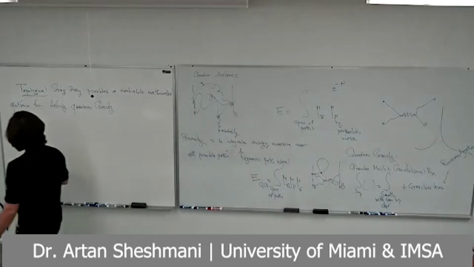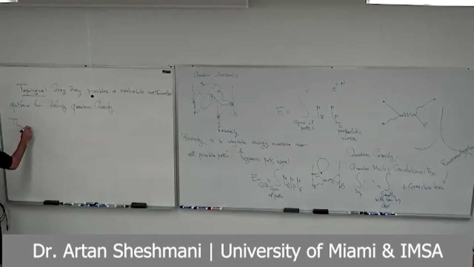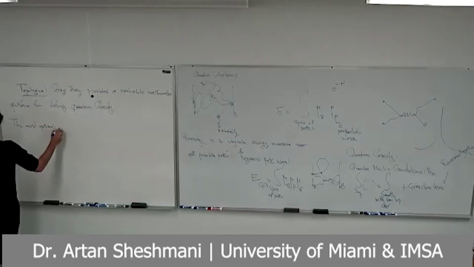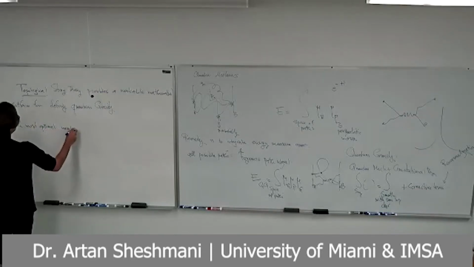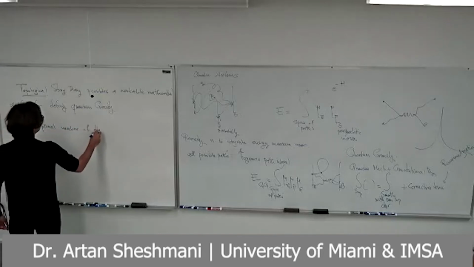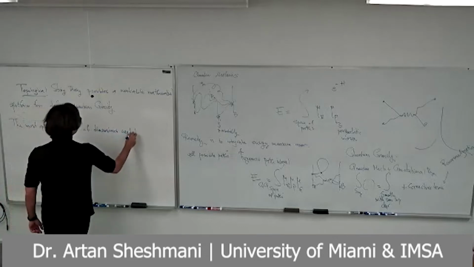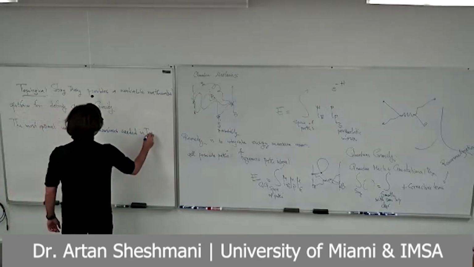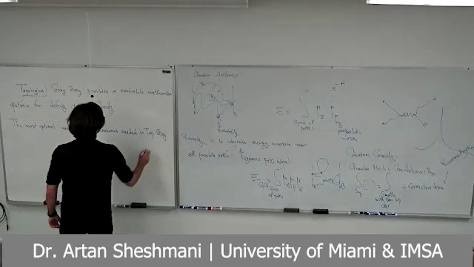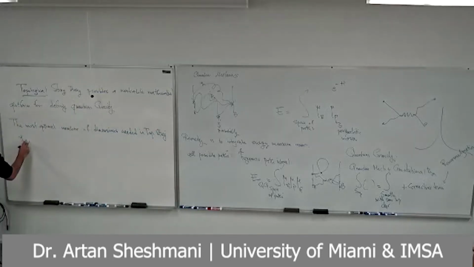So the most optimal number of dimensions needed in topological string theory is 10.